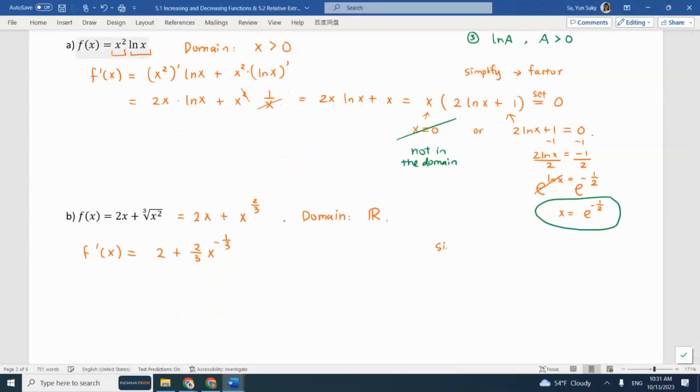What does simplify mean? In this case, simplify means when you see a negative exponent, move it to the denominator.